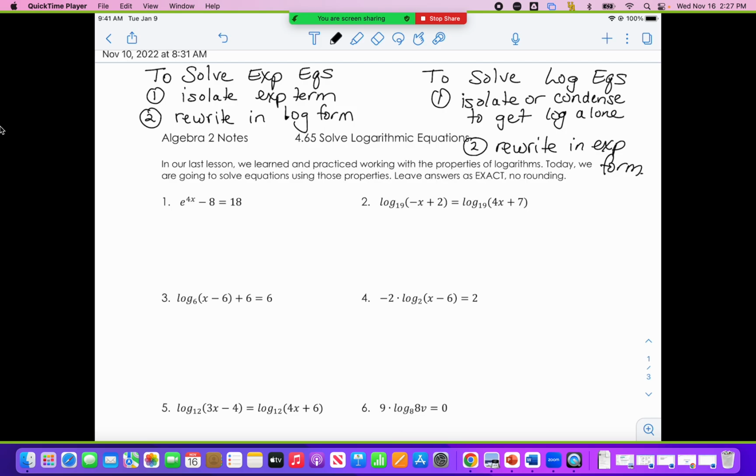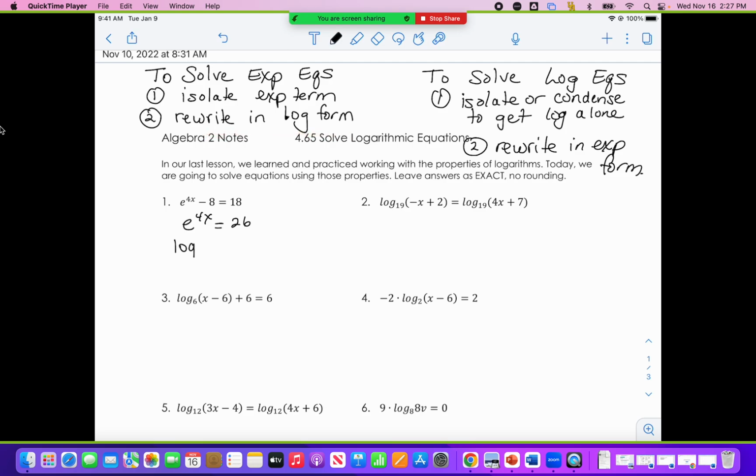All right, so Mason, what does our step 1 say up above for solving an exponential equation? It says isolate the exponential term. So, Ben, in order to do that here in number 1, what's going to be my first step? Good job. You're going to add 8 to both sides. Then, Crystal, read step 2 for us up here. Rewrite in log form. So here we go.